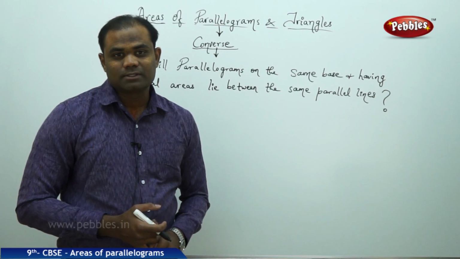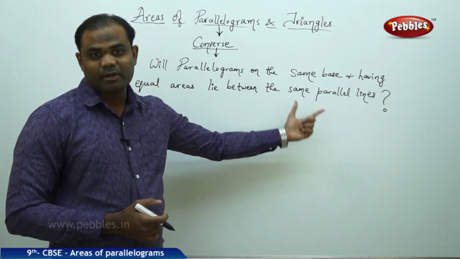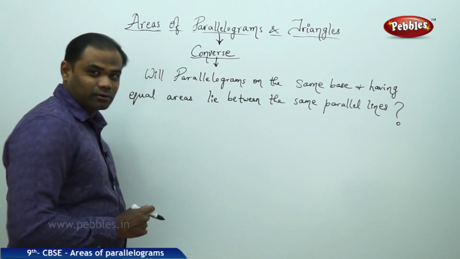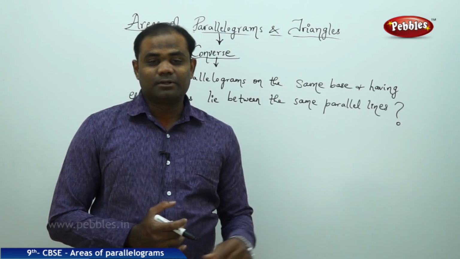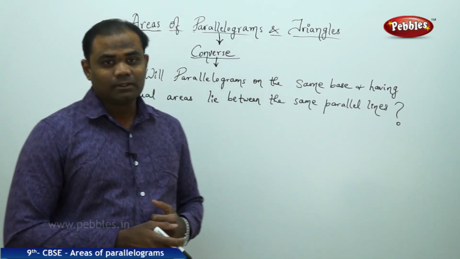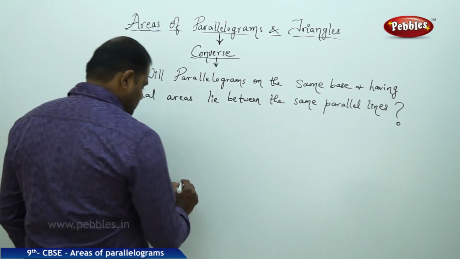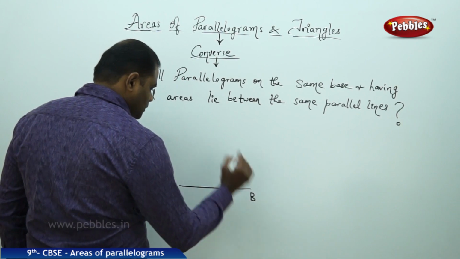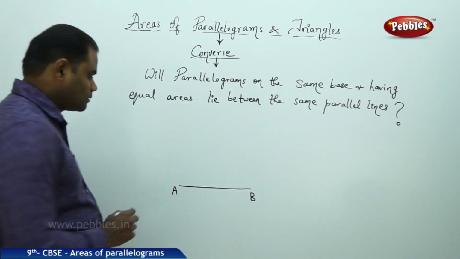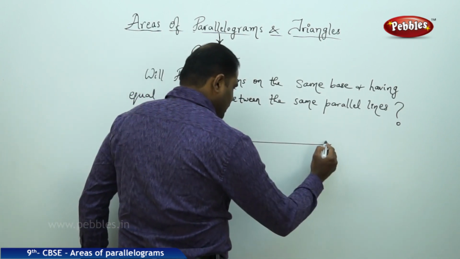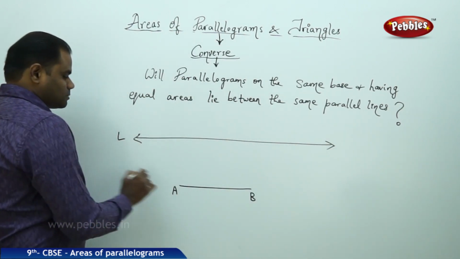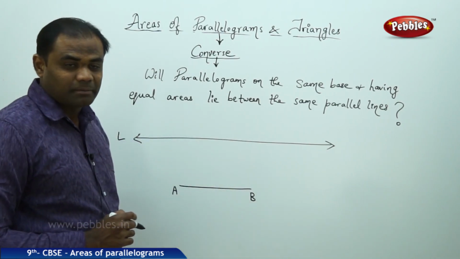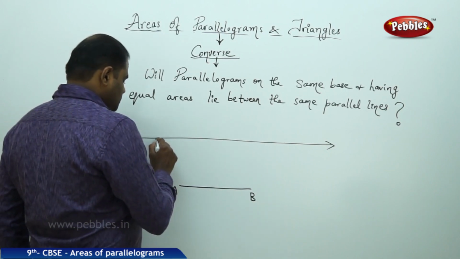Investigating the converse of same bases and same parallels. Now, let's take two parallelograms with the same base and lying between two lines which are not parallel. The converse clearly says that if I have the same base AB, and there is another line L which is not parallel to this but a bit away from the base AB, let me take two parallelograms in this case.